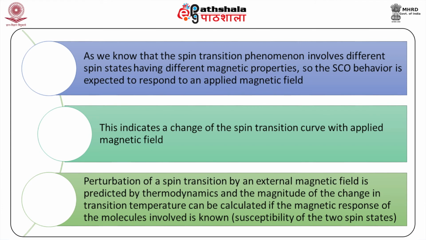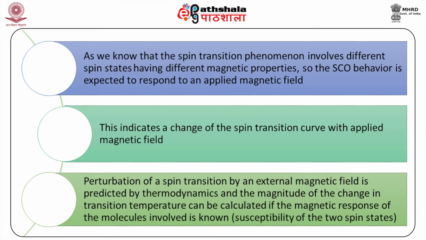Perturbation of a spin transition by an external magnetic field is predicted by thermodynamics, and the magnitude of the change in transition temperature can be calculated if the magnetic response of the molecules involved is known.